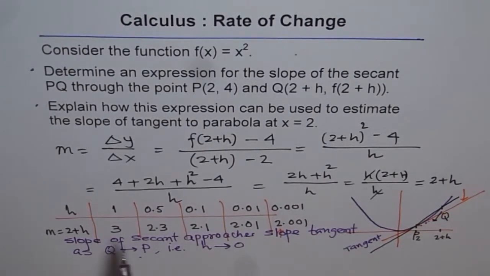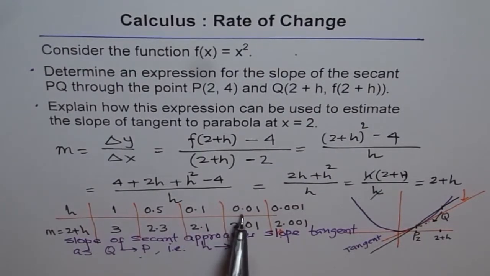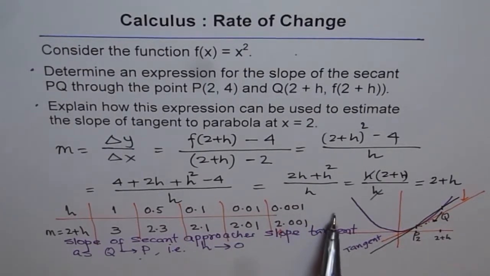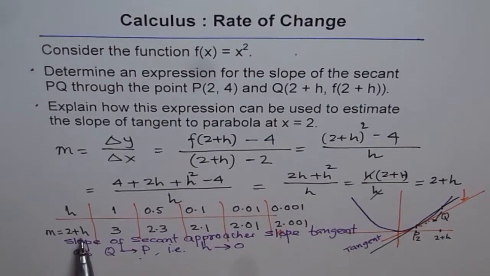So h becomes smaller and smaller. So h from 1 became 0.5, 0.1, 0.01, 0.001, and so on. And what's happening to the slope of the secant? So m is the slope of the secant. It is approaching the value 2, and 2 is the slope of the tangent. Do you understand? So from here, what we can say is that in this expression, if h approaches 0, then the slope of the secant approaches the slope of the tangent, right?